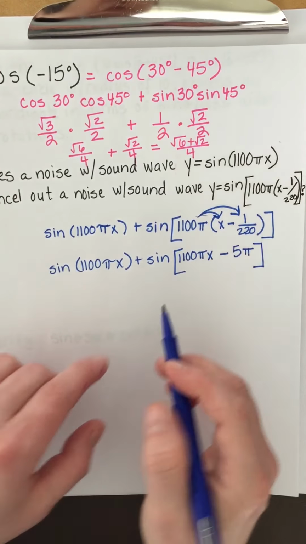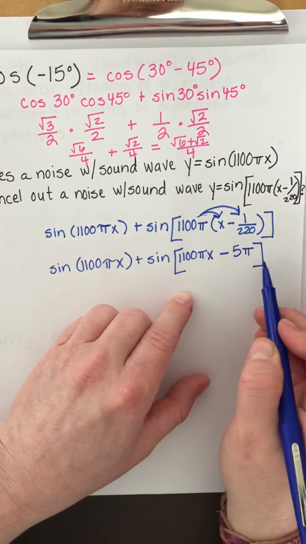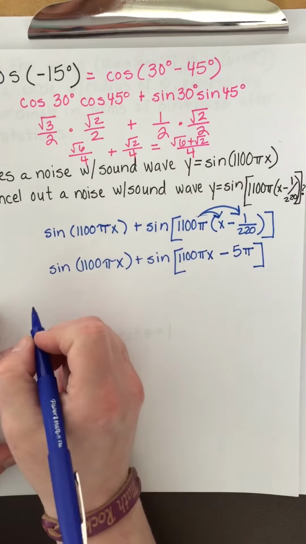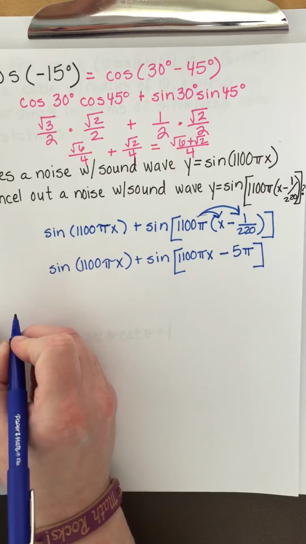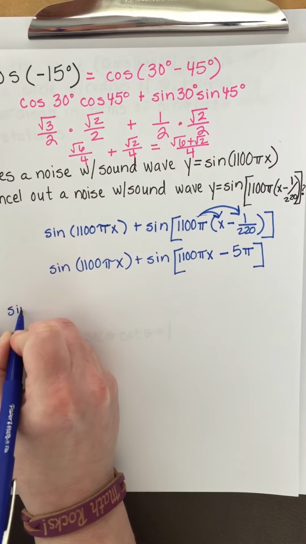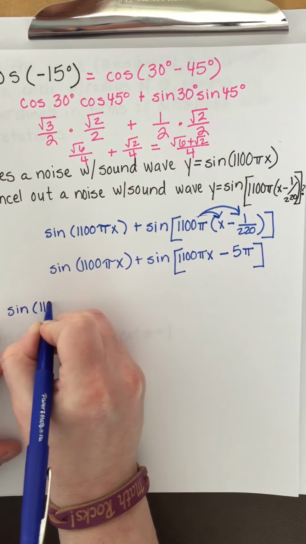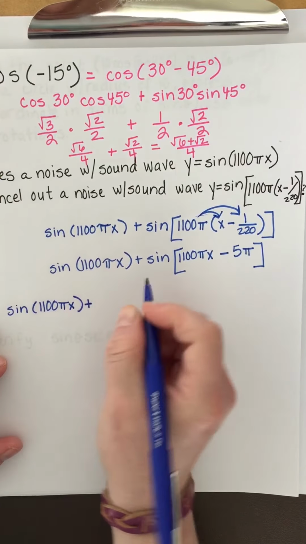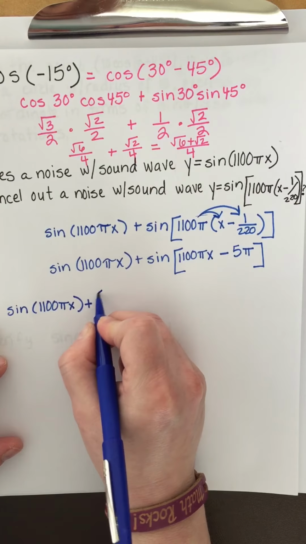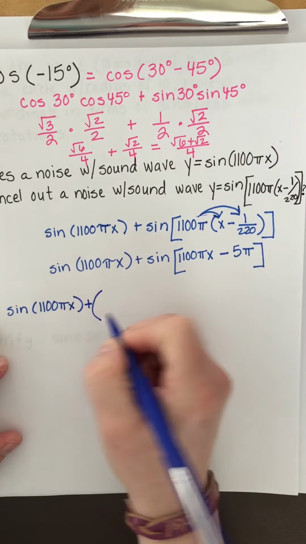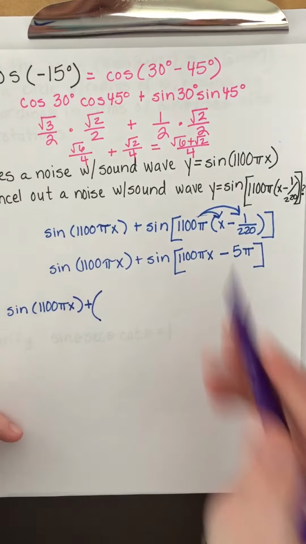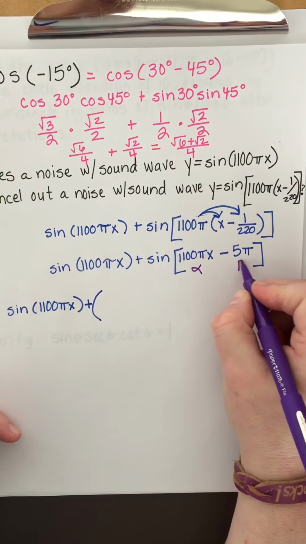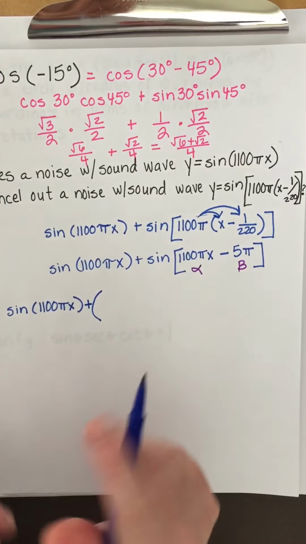All right, so we have the sine of a difference. So I'm going to use that formula. So we have the sine of 1100 pi x plus, and I'm going to write this in great big parentheses. So this right here will be, if you want to think of that as our alpha, and that is your beta.